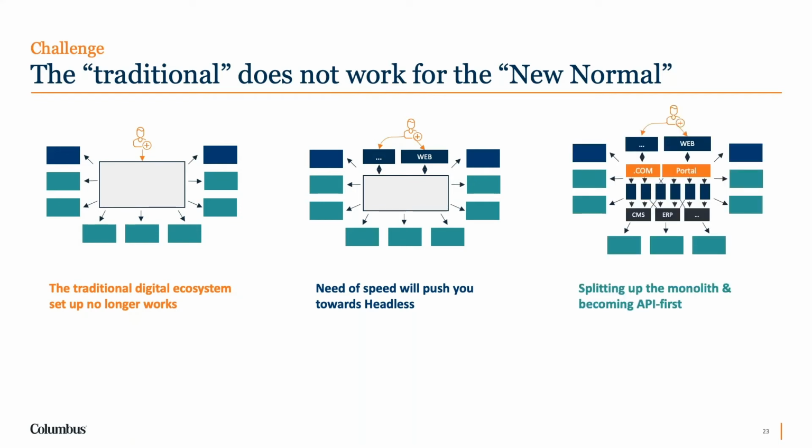So the way to become more flexible and get shorter time to market with your functions is to split up the monolith system, the one-size-fits-all system, and become API first oriented. This is where the APIs deliver data and functionality according to standards as an agreement between systems on how they shall communicate. This kind of architecture will give you ways to iterate and innovate faster.